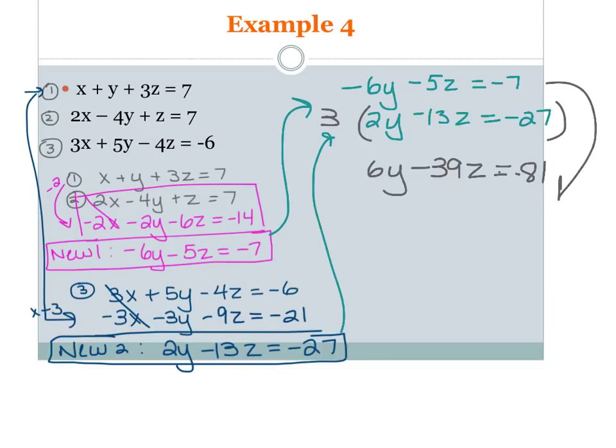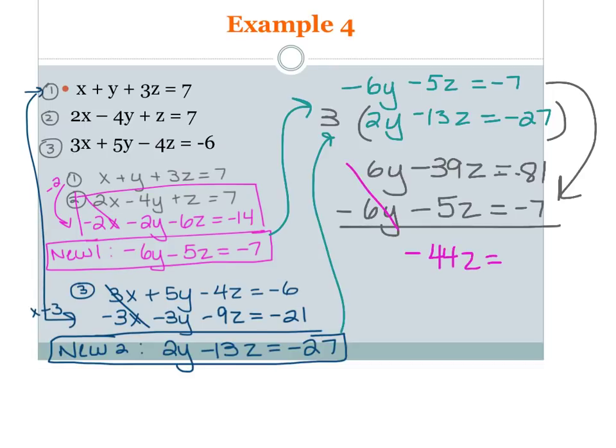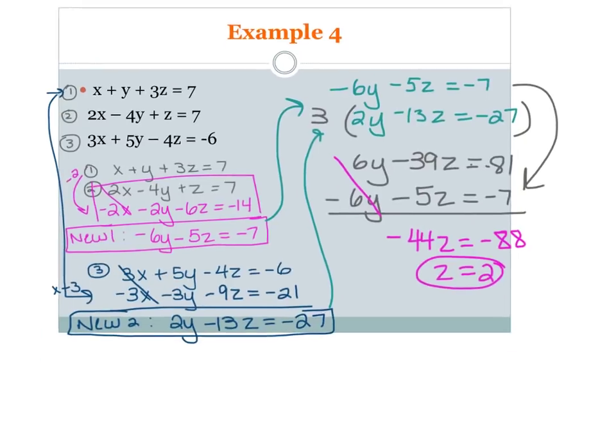And then carry down the first equation, negative 6y minus 5z equals negative 7. The y's are going to cancel. Negative 44z equals negative 88, and z equals 2. There's my first variable.